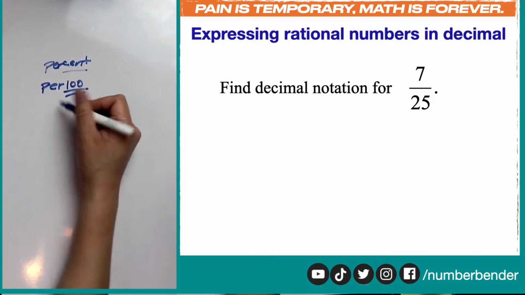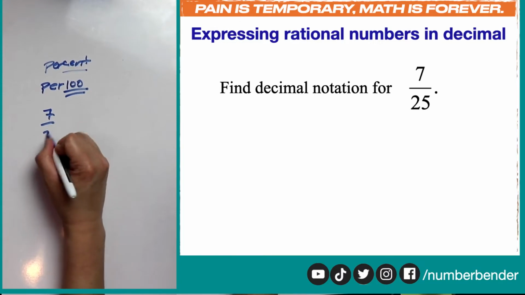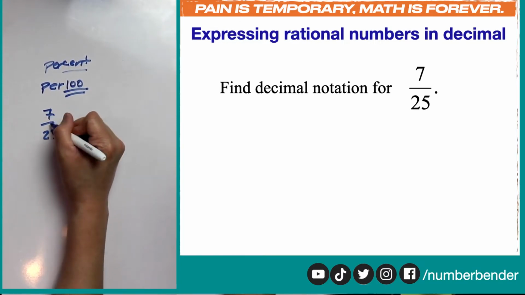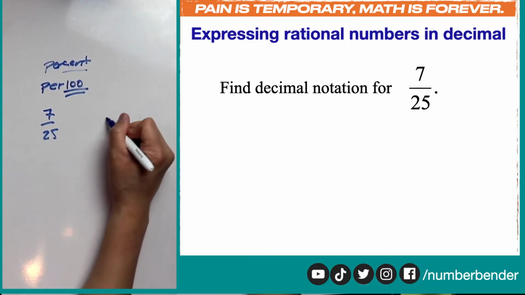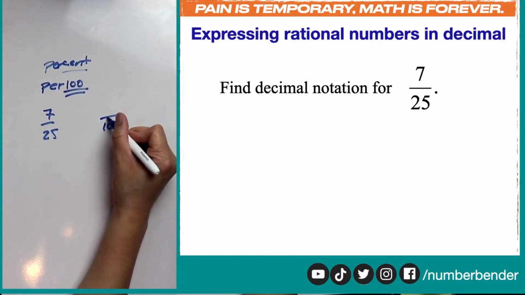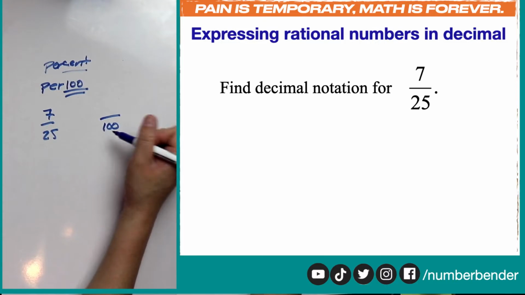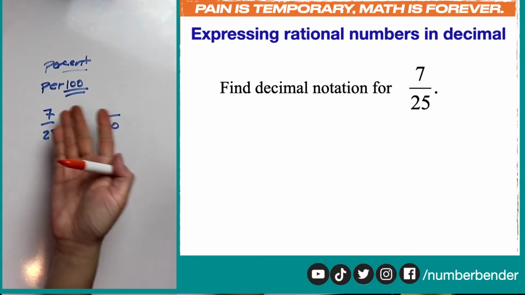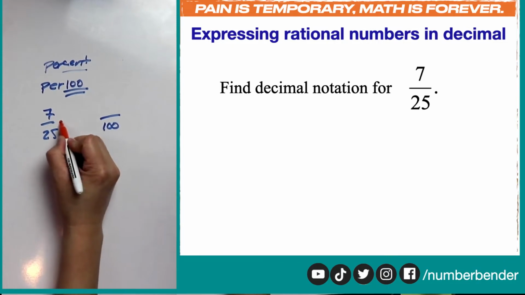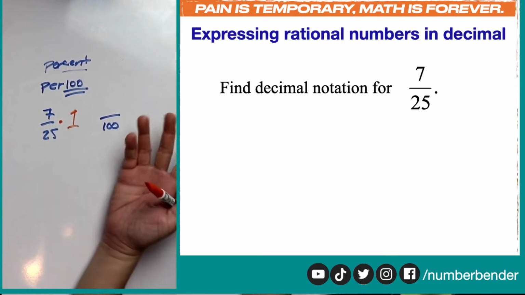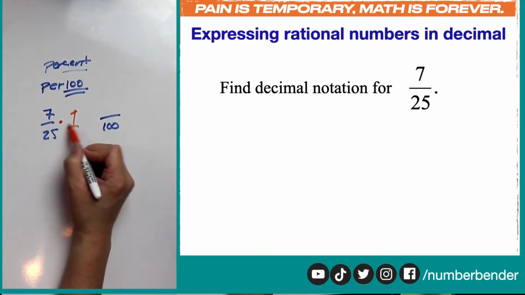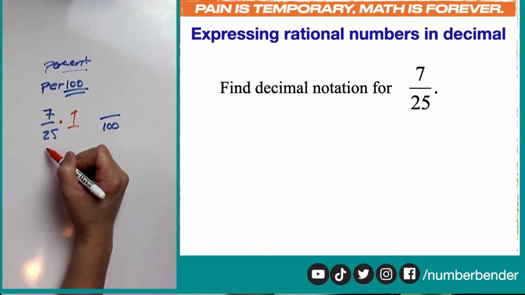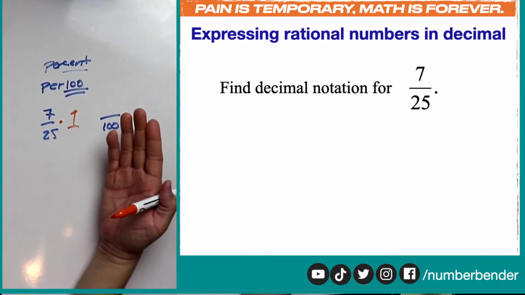And what we need to do is to change 7 over 25 into something over 100, and there is a way to do that by multiplying this by 1. But 7 over 25 times 1 is just 7 over 25, which does not change the value of our fraction.